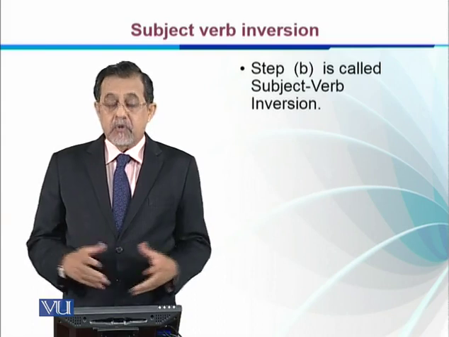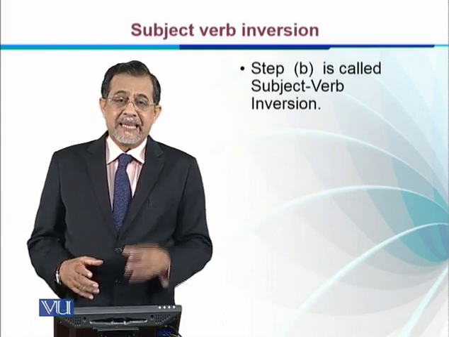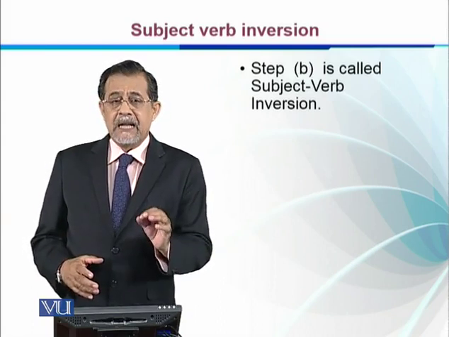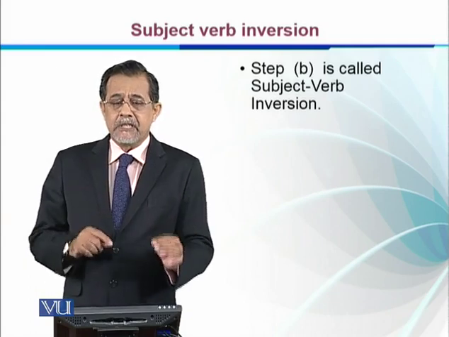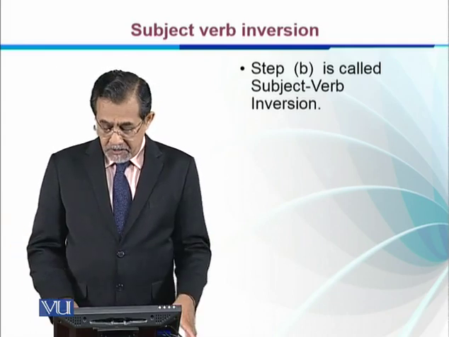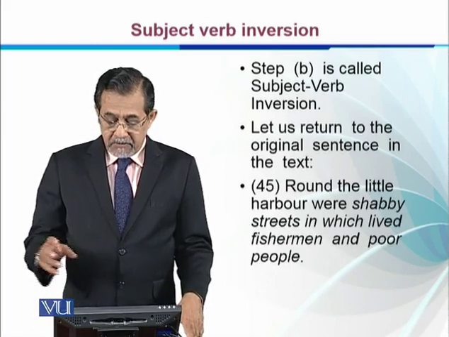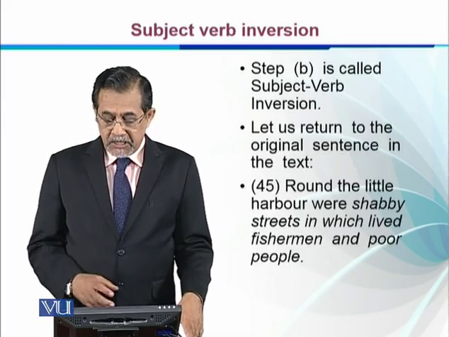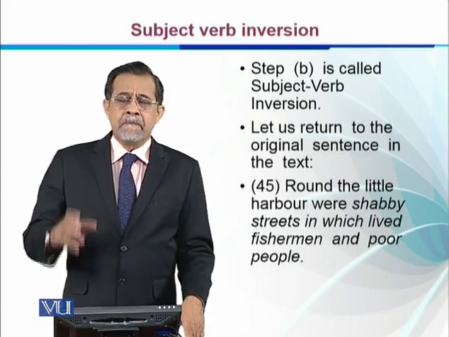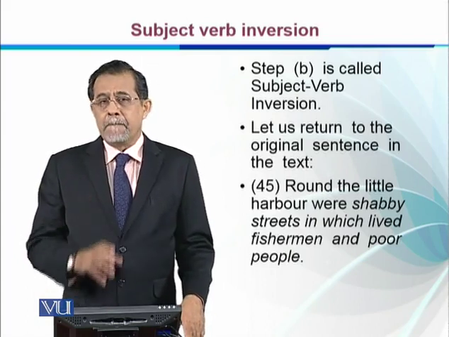Step B is called subject-verb inversion. It is SVI, not SAI, which is subject-auxiliary inversion. Let us now return to the text sentence. Round the little harbour were shabby streets in which lived fishermen and poor people.